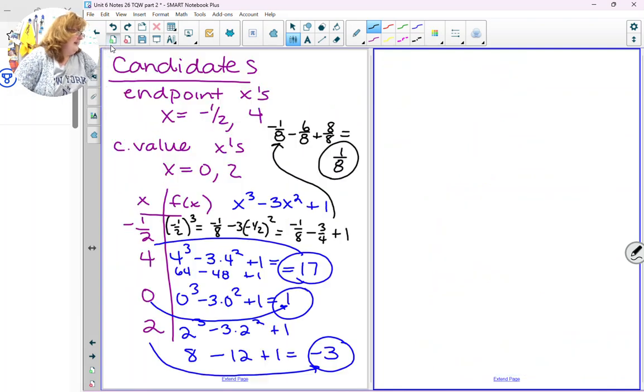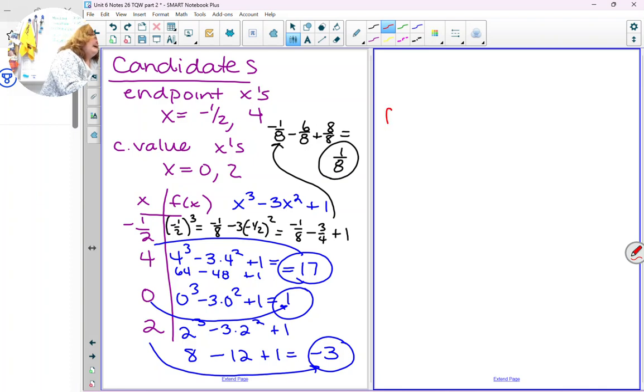Now, the table is the proof, but we still have to be clear to identify the values and where they are. So here's how I typically do it. Sometimes they ask us where it is, sometimes they ask us what it is, so I just give you both.